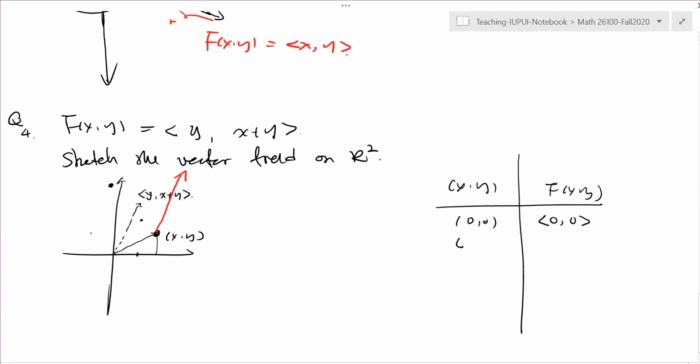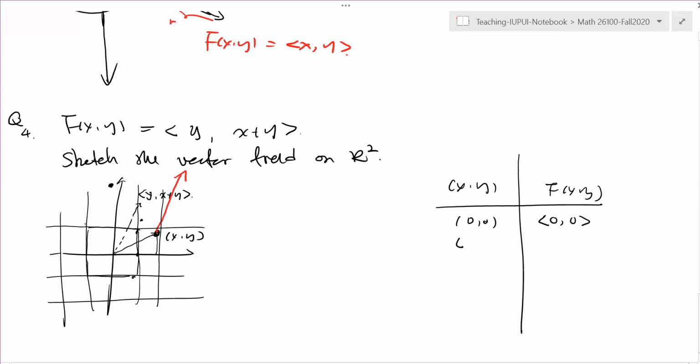Then I need to get the vectors at the four vertices of the square. The idea is that you divide this whole plane into many points, and you try to plot the vectors at those points.